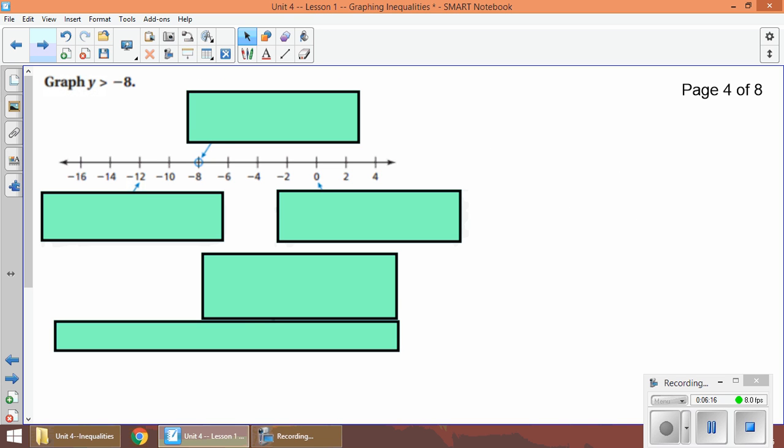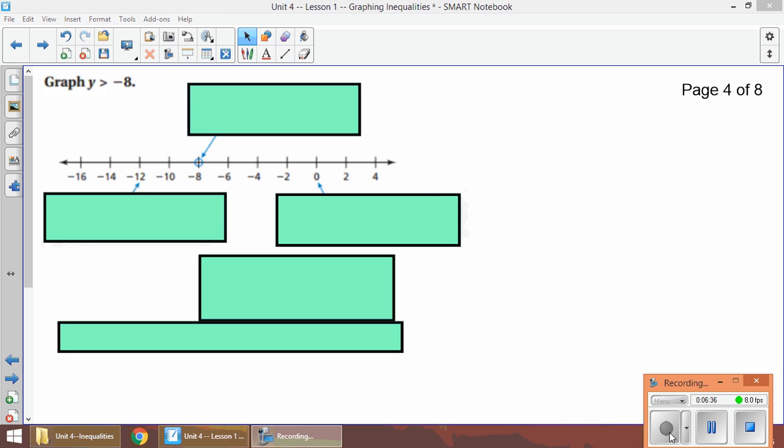So I know the sheet you guys are looking at, all you see are just some random arrows pointing to some numbers. As I reveal some of these boxes, I would like for you to write all the descriptions that come up. So you are going to have to pause a bit and fill in the blanks. In this example here on page 4, it says y is greater than -8.